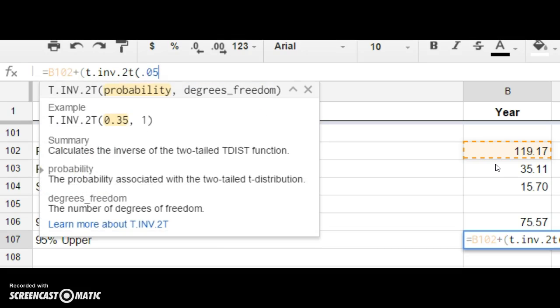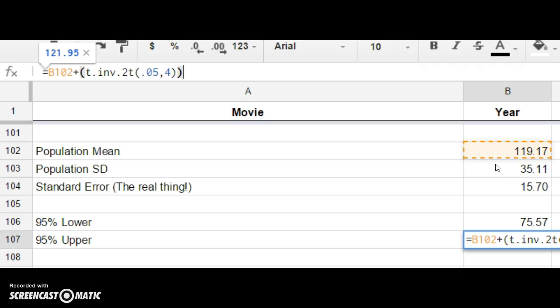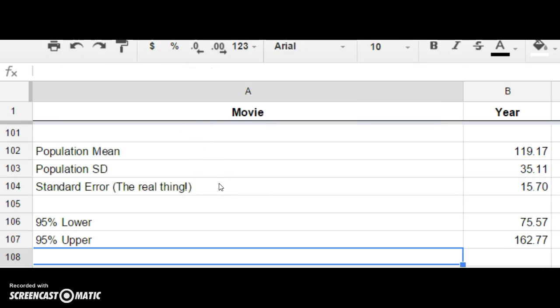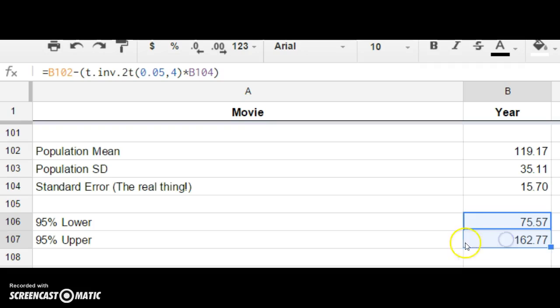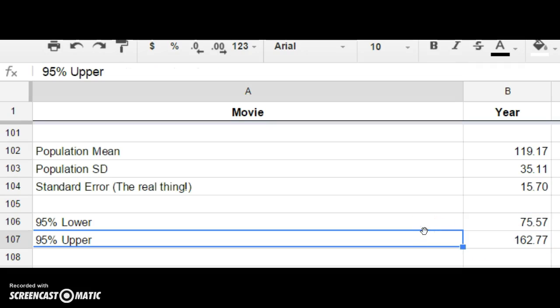And my alpha level is 0.05, 5% risk of error, 95% confidence. Degrees of freedom again is 4. And that's the number of standard errors. So I'm going to multiply that 2.77 by the standard error. So this is going to give me a confidence interval of 76 to 163.